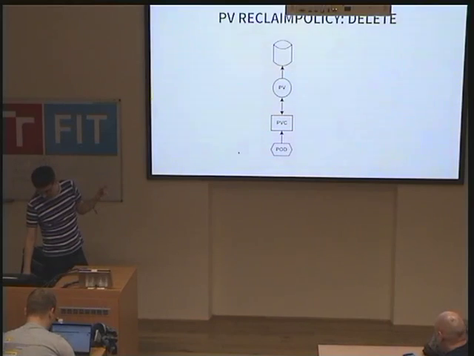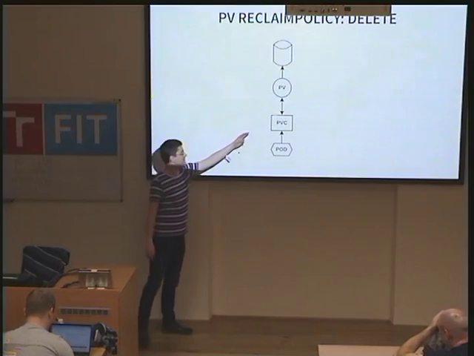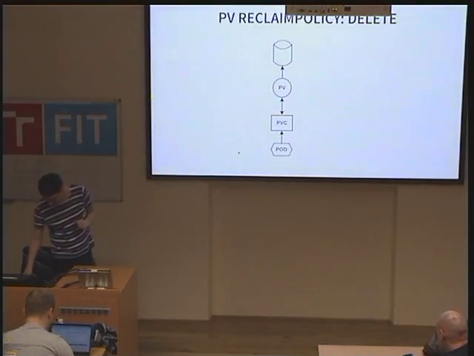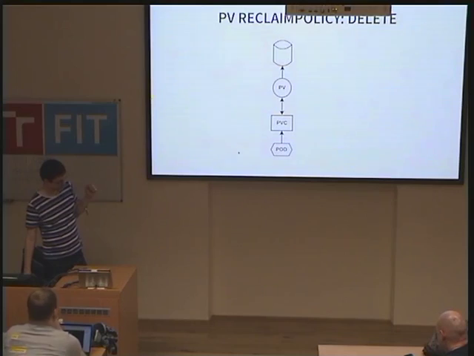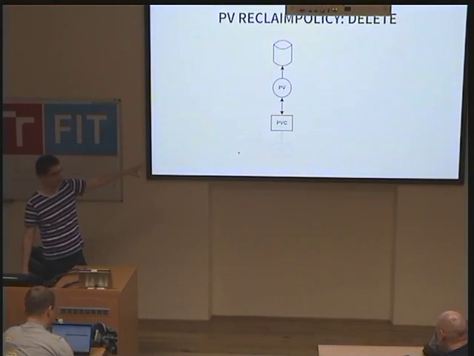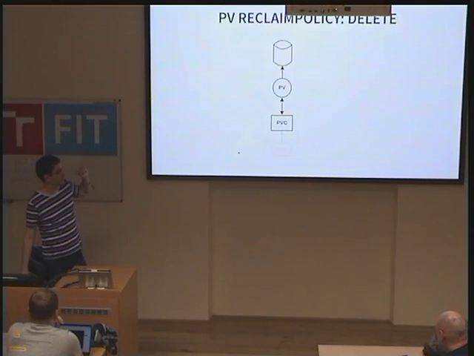So I have an example how it works. The user has asked for some storage using a claim, PVC, and runs a pod. A user can run as many pods as he wants with the claim. The data is still available when the pod dies. He can start the pod again or a different pod and still has access to the data.